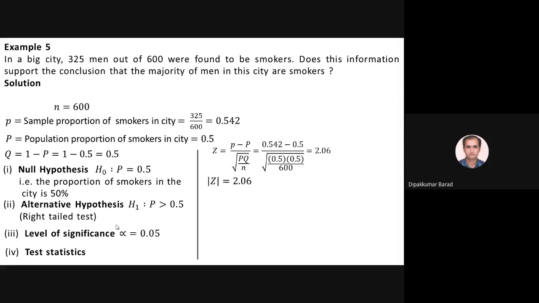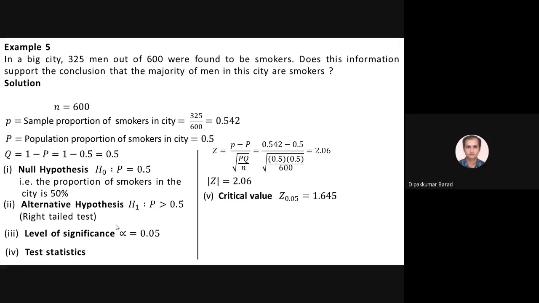Now we find the critical value at 0.05, which is 1.645. It is positive, so we need not take the absolute value; if we do, we also get positive. So 1.645 is the critical value of z at 0.05.